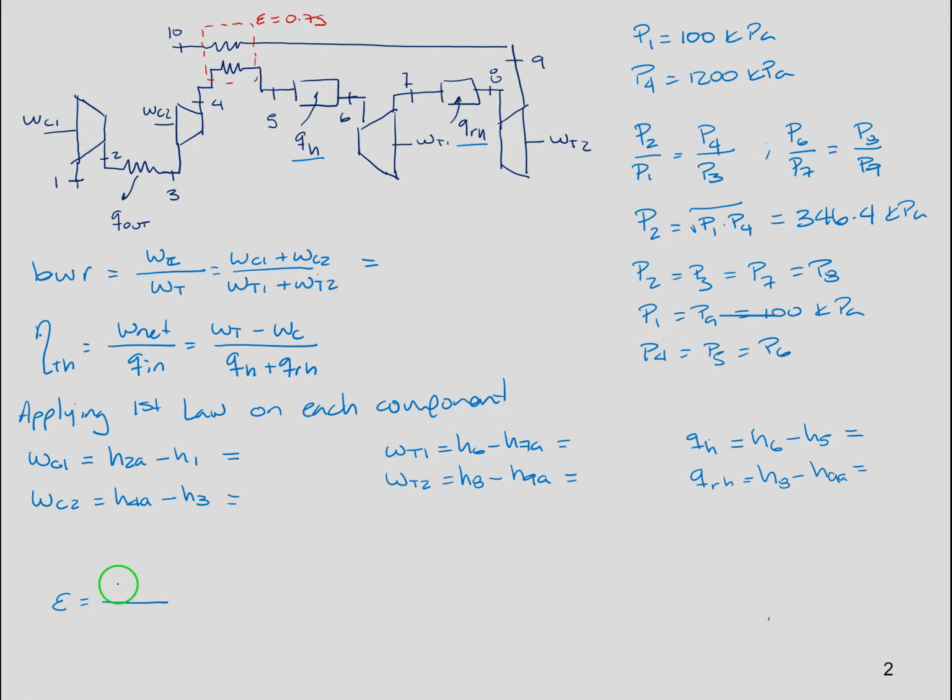Effectiveness can be computed as the actual heat, H5 minus H4A, divided by the maximum heat, H9A minus H4A, and this value is 0.75. From here we can get the value of H5.